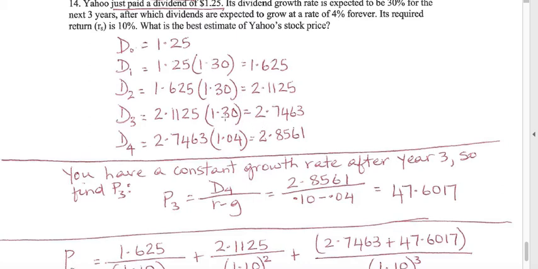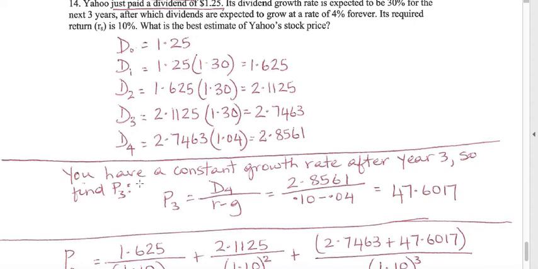After year 3, it becomes constant at 4%. So 2.7463 times 1.04 is equal to 2.8561. So once again, you ask yourself, after which year is the growth in dividend becoming constant? And you see here it's after year 3.